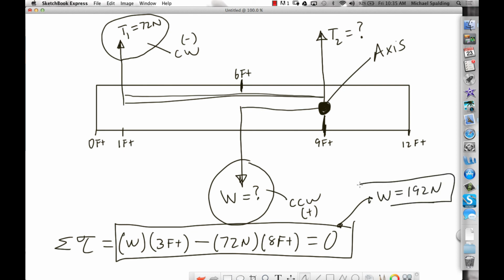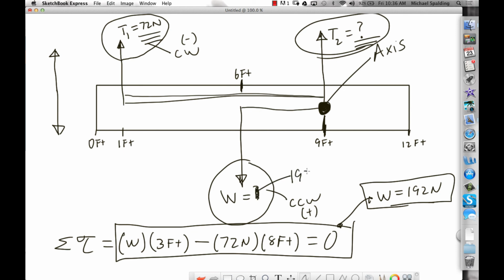Now, once you have the weight of the board, you can easily find what T2 must be by looking at the forces. What has to be true about the total up force and the total down force? They have to be equal. So we got 72 up plus a question mark, and then we now know that this W right here is 192.